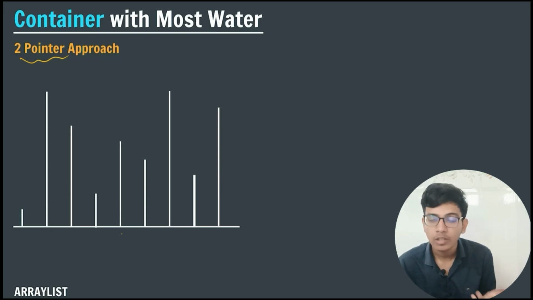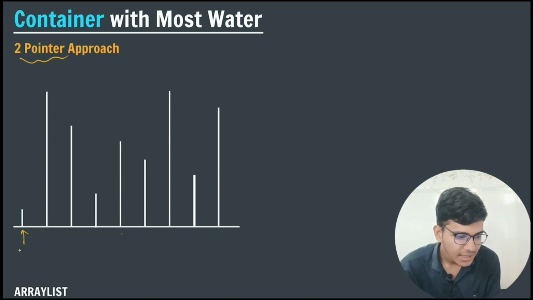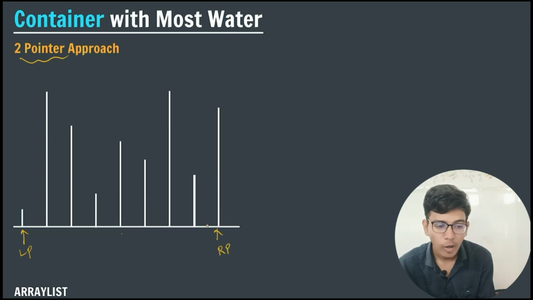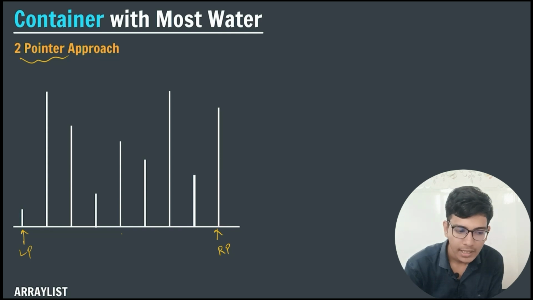Instead of pointing to the next line, here let us consider that this is my left pointer and this is my right pointer. So we'll build 2 pointers, or simply 2 iterators, because we don't have the concept of pointers in Java. Okay, so we'll build 2 iterators, left pointer and right pointer, and we'll calculate the area between these two.